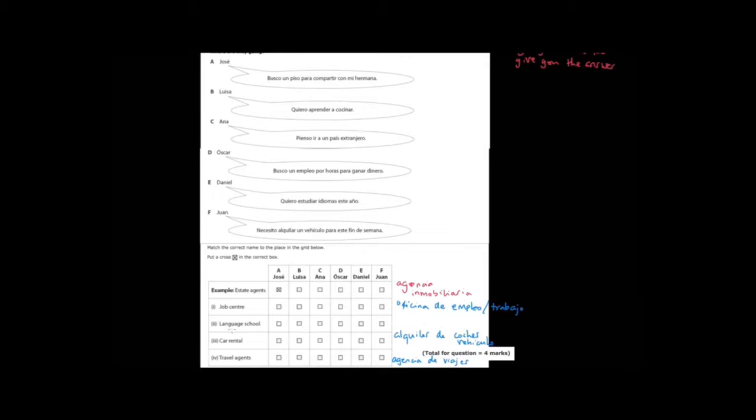Oh, hold on, I just realized I've missed one. Language school is una escuela o una academia, either, una escuela o academia de idiomas. Okay. Another word for idiomas is lenguas extranjeras.